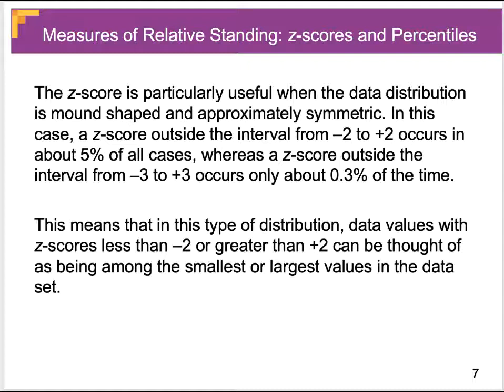If you go out 3 standard deviations, so z-scores between -3 and 3, you're going to capture about 99.7% of the observations. Only 0.3% of the observations will be even further away from that. So you can kind of think of z-scores less than -2 or greater than +2 would be among the smallest or largest values in a particular data set.